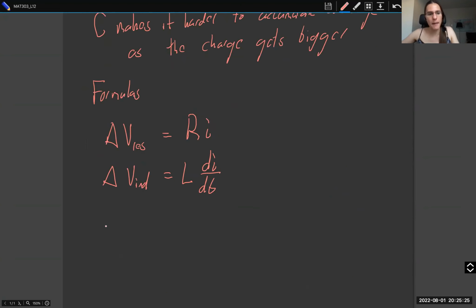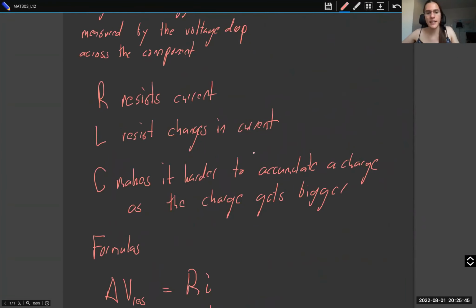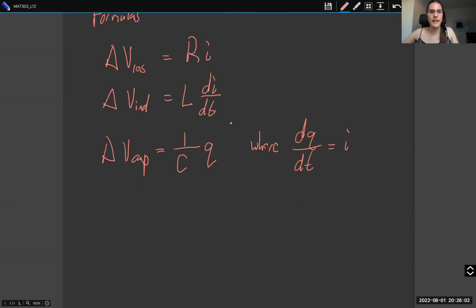And for a capacitor, the voltage drop is going to be 1 over C times the stored charge, where the stored charge is related to the current. dq/dt, the rate of change of the charge over time, is equal to the current.